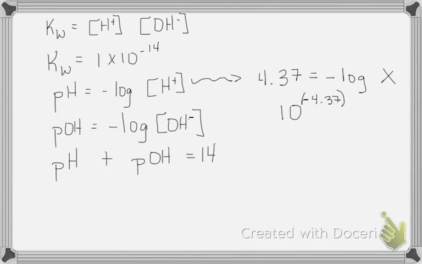That's what the pH is. Why is it negative? Because there's a negative right here in the equation. So when you enter 10 raised to the negative 4.37 in your calculator, that gives you the hydrogen ion concentration.